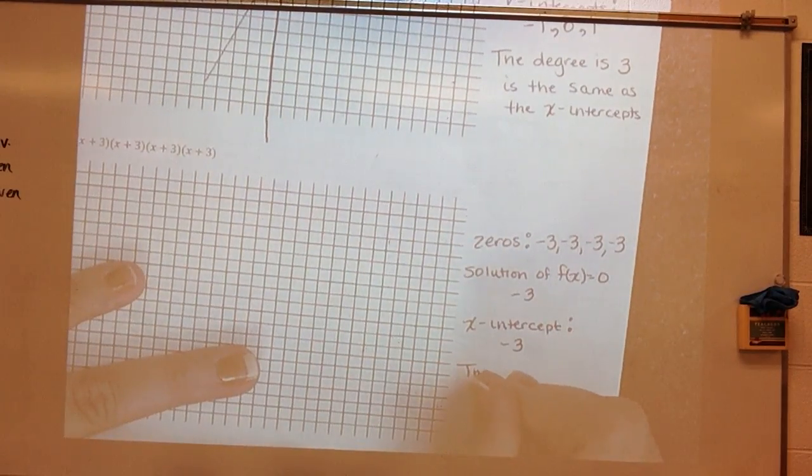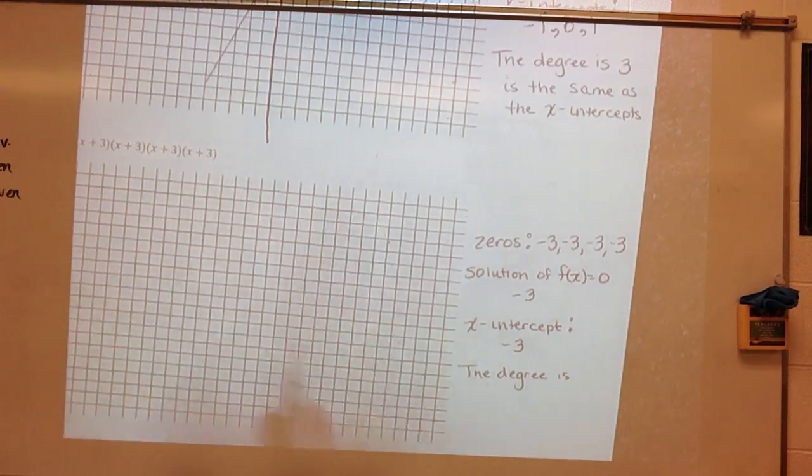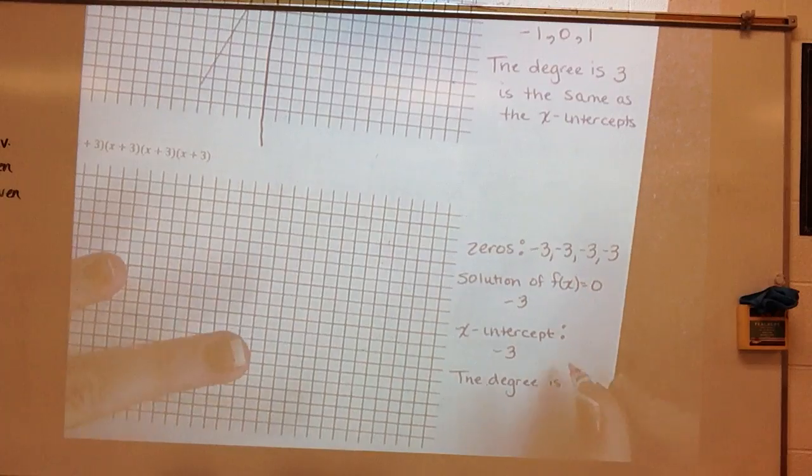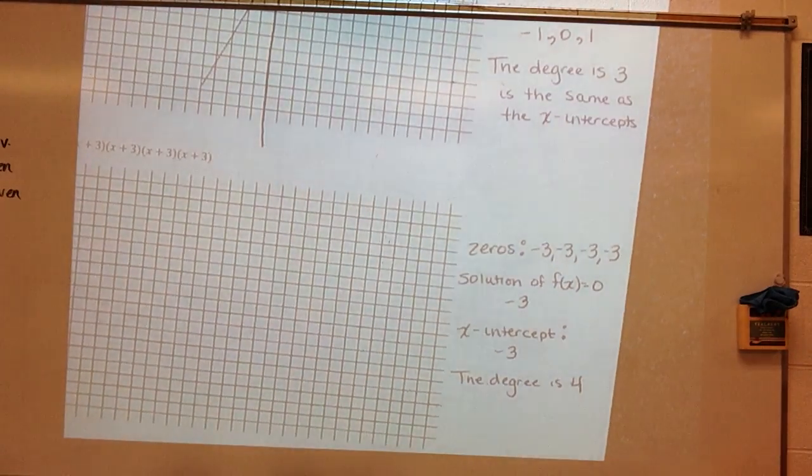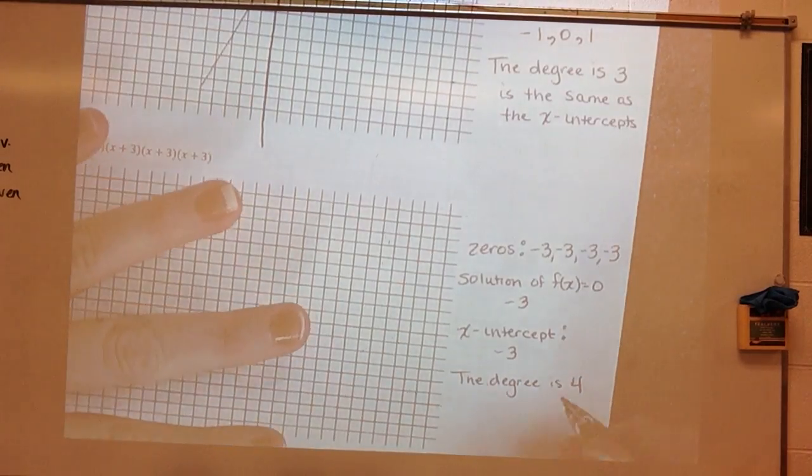All right, the degree is 1, 2, 3, 4. In this case, the degree is 4, which is greater than the number of x-intercepts.